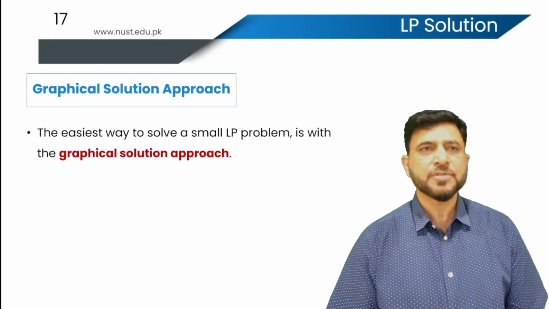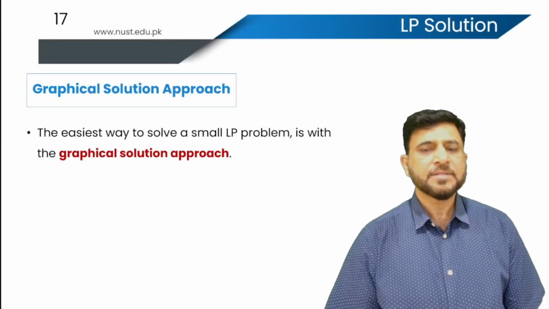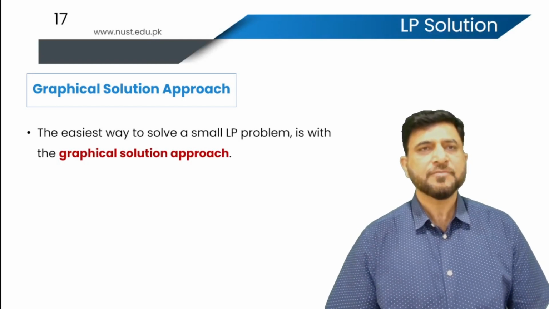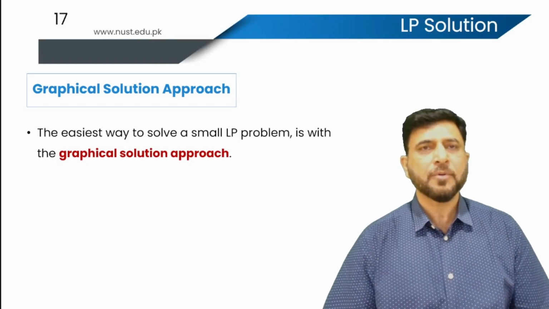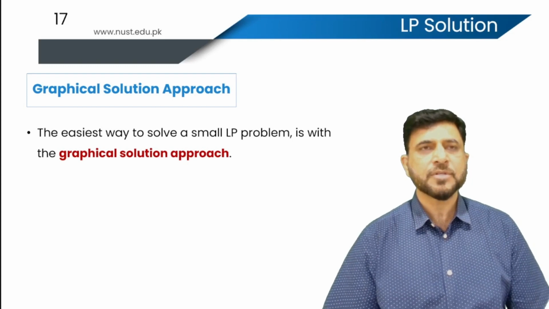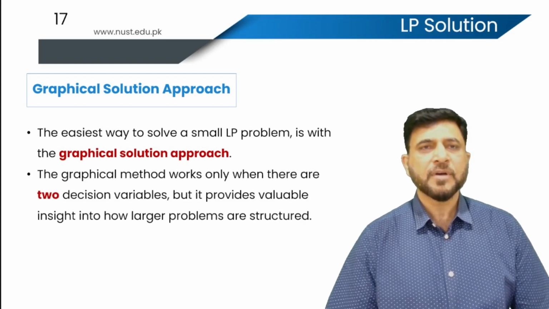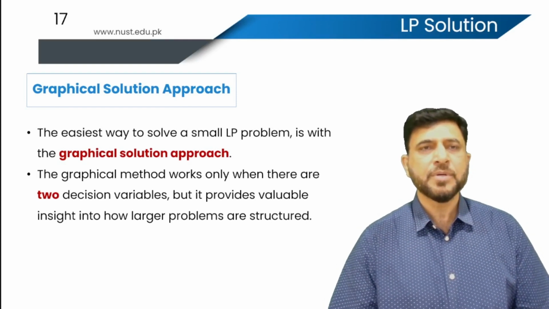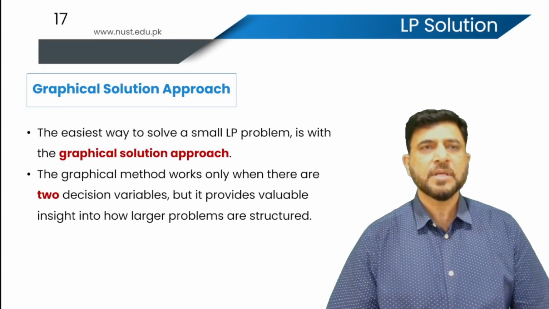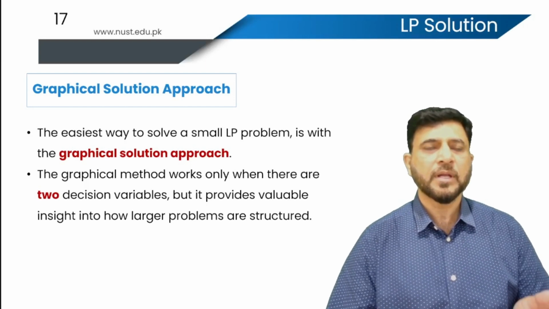Coming to the graphical solution approach, the easiest way to solve a small LP problem is with the graphical solution approach. Mind it, this is the easiest approach. The graphical method works only when there are two decision variables. This is basically the limitation of the graphical approach.